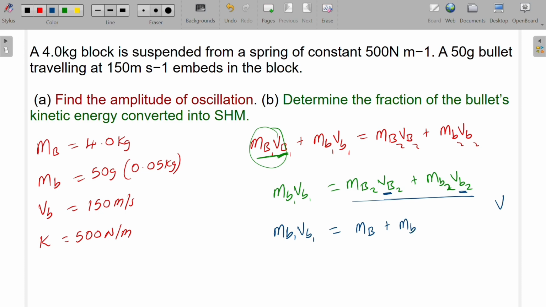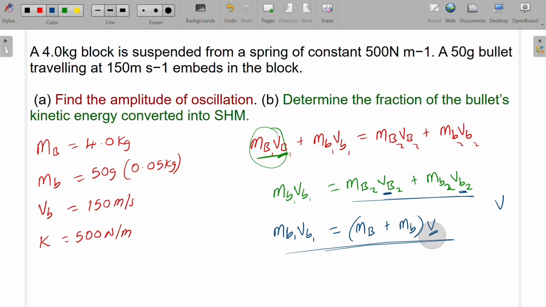Now, since the masses are not changing, we can just leave them as MB and MB there, and this will basically be multiplied by V, since V is the speed at which both will be moving at. So now this is the formula that will help us to find our V. The V we are looking for is this V here, so it will help us find that.